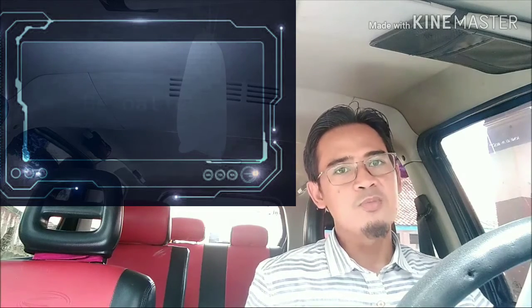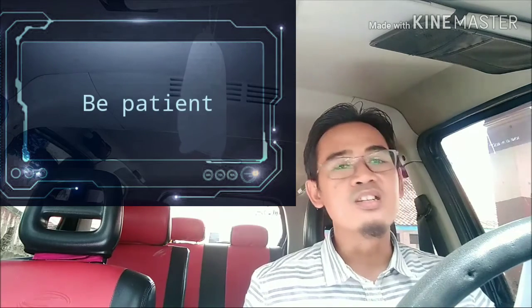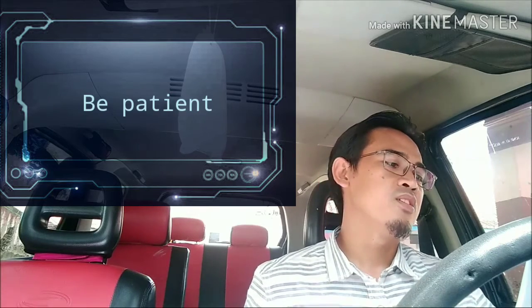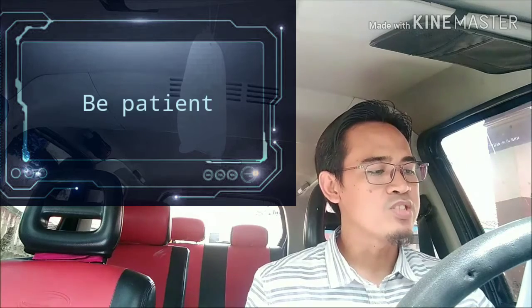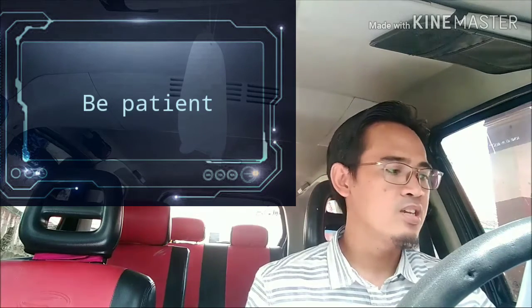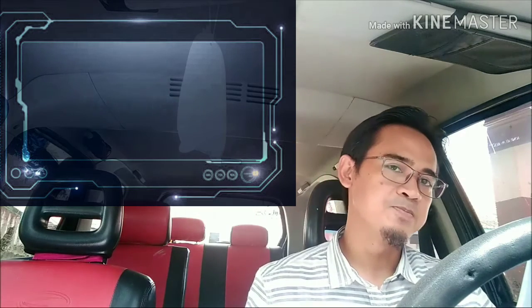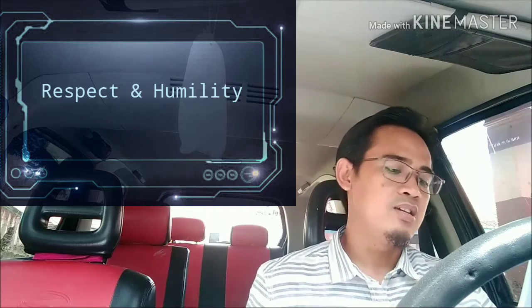Number 2, be patient. The key aspect of learning is the learning process conducted by the students themselves. If the teacher lacks patience to see a substandard process and then takes over the process, then the teacher has taken away the student's learning opportunity. Number 3, respect and humility.